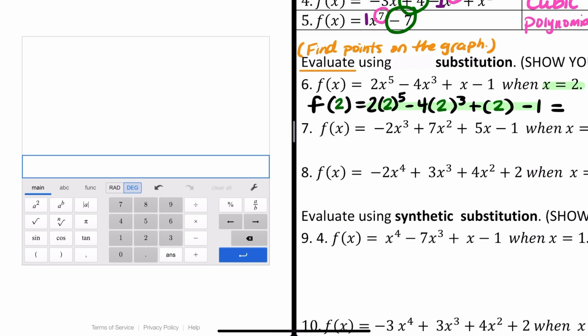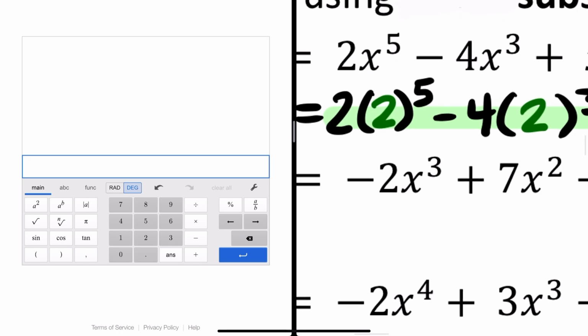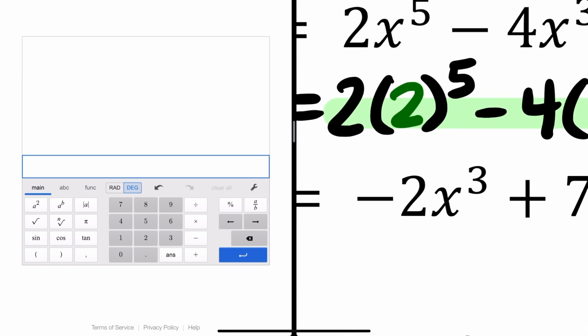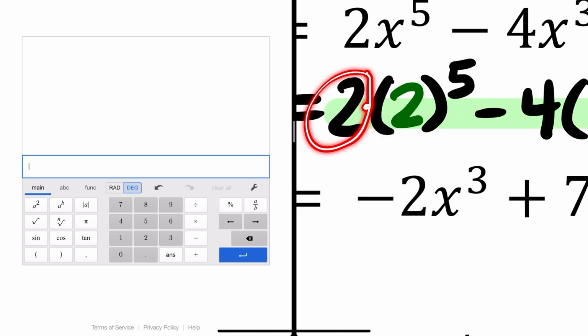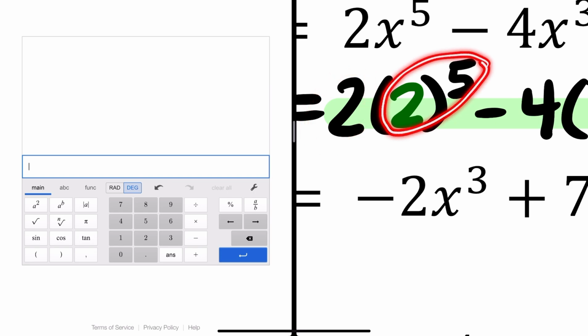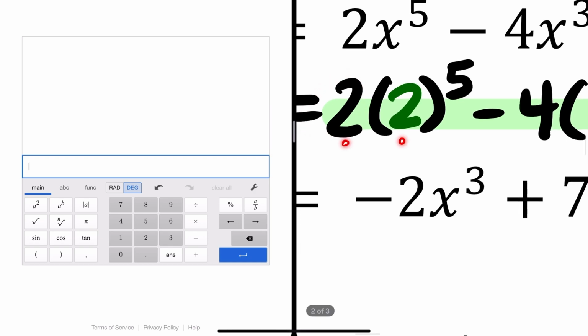Actually, no, if you are not using a calculator and you want to do this on your own, make sure that you do 2 to the 5th power first before you multiply by this 2. Okay, according to PEMDAS, you have to do exponents before you do multiplication. So it is not 2 times 2, then to the 5th power.